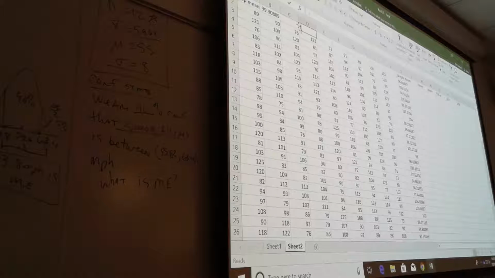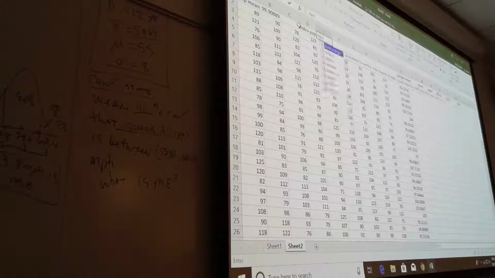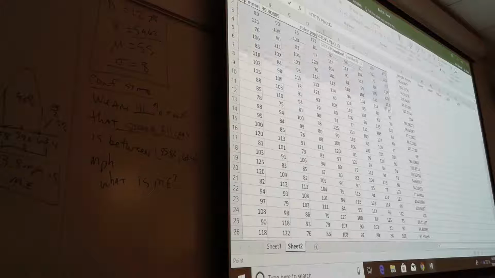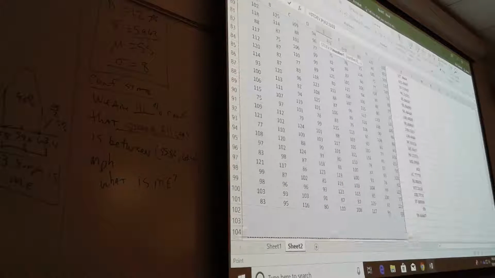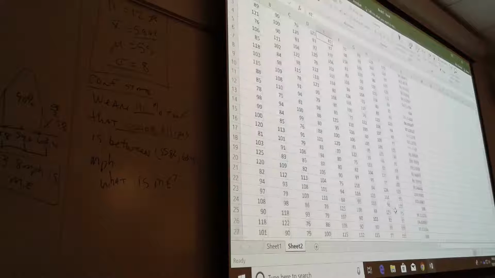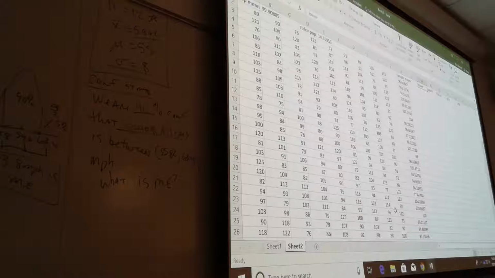So the standard deviation of the population, how do I find that? You just scan it, standard deviation of the population, and then highlight everything. Now we've got all the information we need.